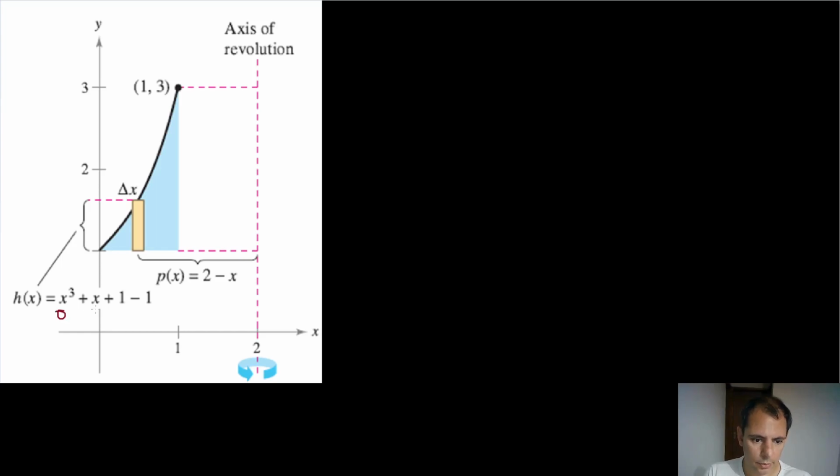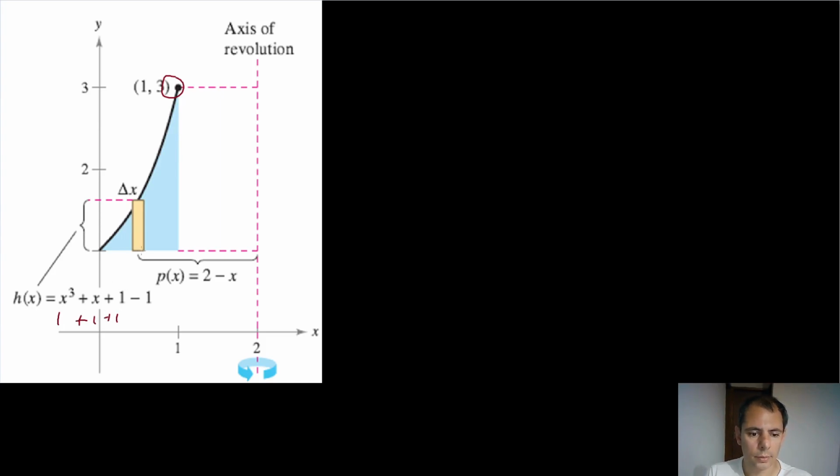When x is 0, where's the point? The point's right here, and what is that point? 0 and 1. So you need this plus 1 in here to transform it into 1. What about when x is 1? The thing is going to be 3, because it's 1 cubed, which is 1, plus 1 plus 1.